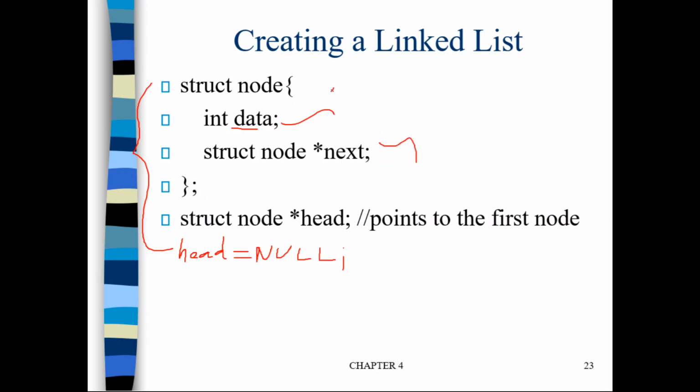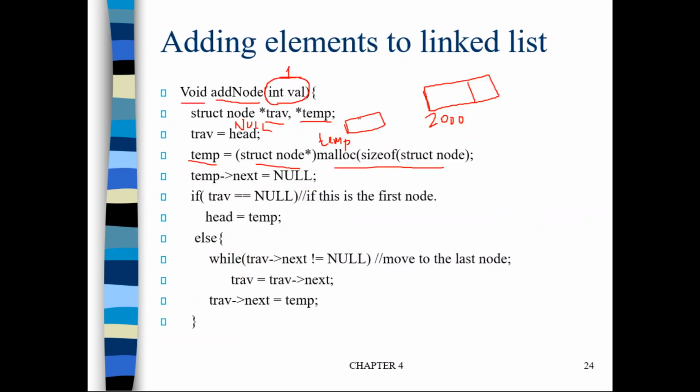Let us assume the data part takes 4 bytes and the pointer takes 8 bytes, so it needs 12 bytes in total. So 2000 to 2011 it will occupy. And the starting address 2000 will be stored in temp, which means that temp is pointing to this new node which we have just created, right?